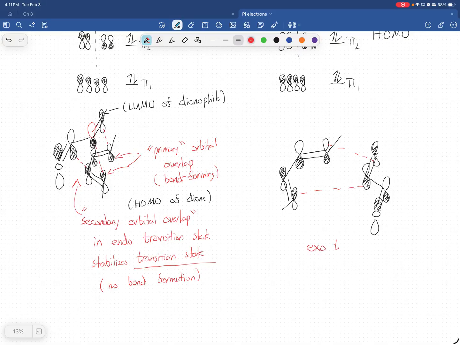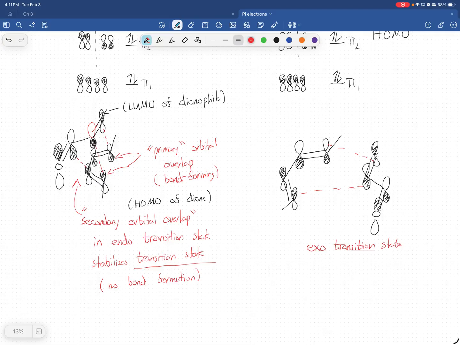Okay? But look at here. Look at the exo transition state. Where is this oxygen pointing? Is it anywhere near the other orbitals to stabilize it? Right here. So if we look at this position, this oxygen can't, look at right here.